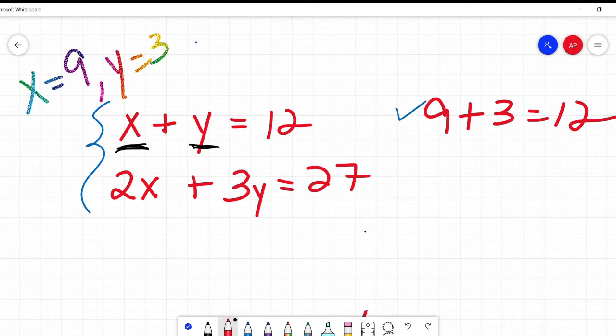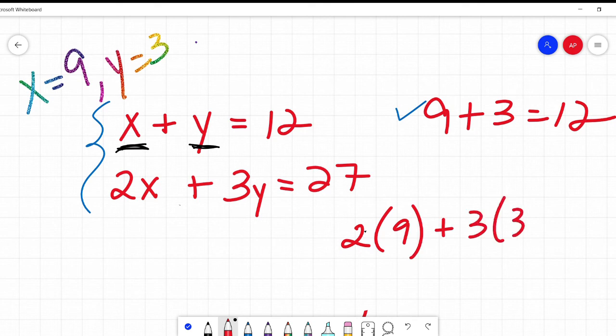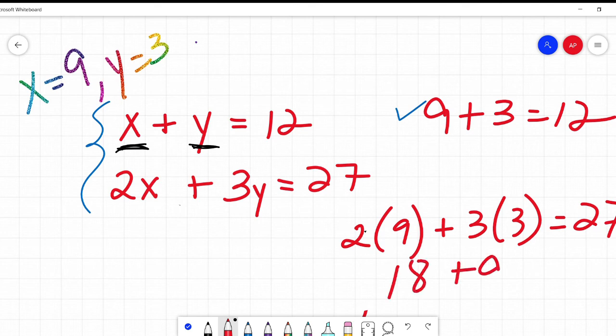And our second one, 2 times x plus 3 times y equals 27. Okay, 2 times 9 plus 3 times 3 equals 27. 2 times 9 is 18. 3 times 3 is 9. 18 plus 9 equals 27. We have a winner. And we can tell this to our annoying math friend, and hopefully he will find a different hobby that he can harass us with when he's talking.